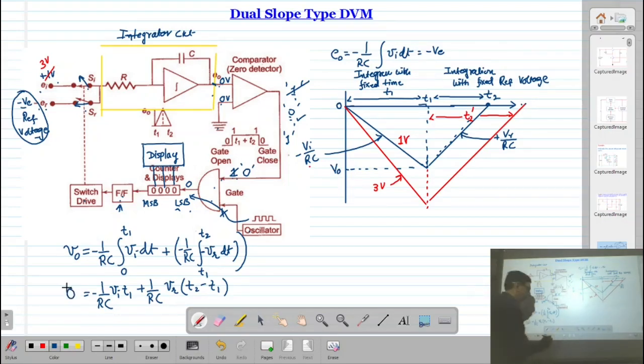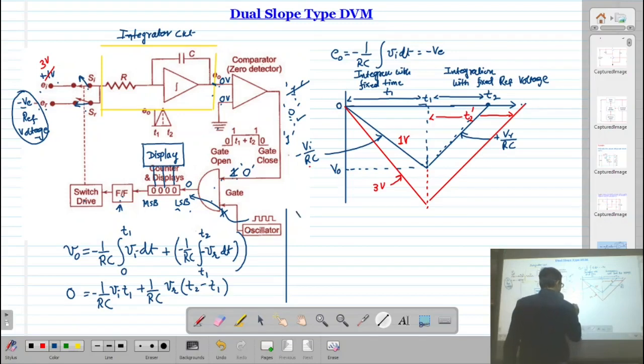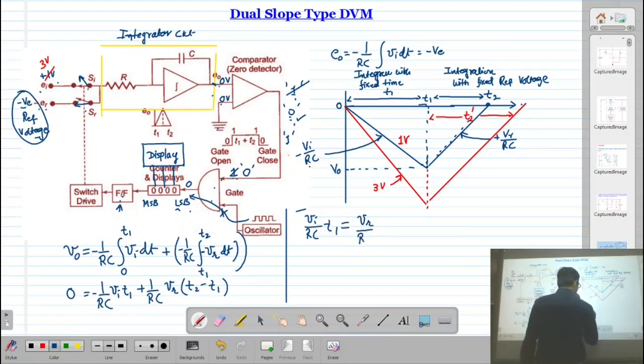And therefore, we can say that Vi by RC into T1 is equal to VR by RC into T2 minus T1.